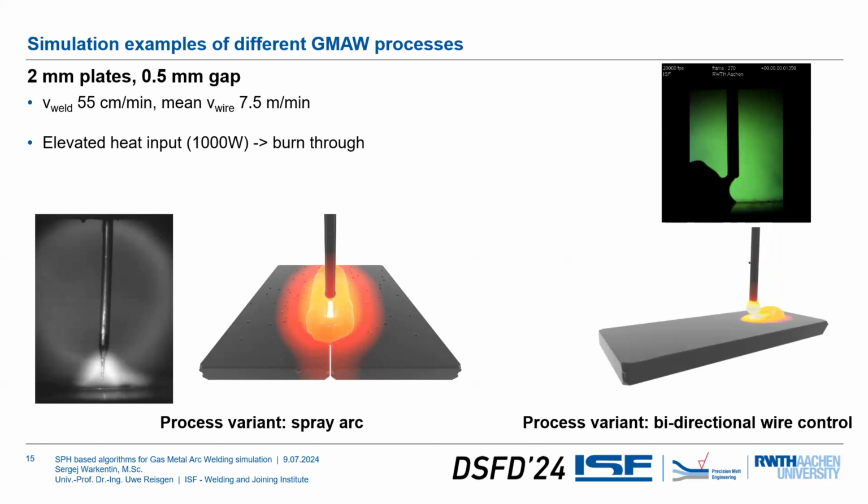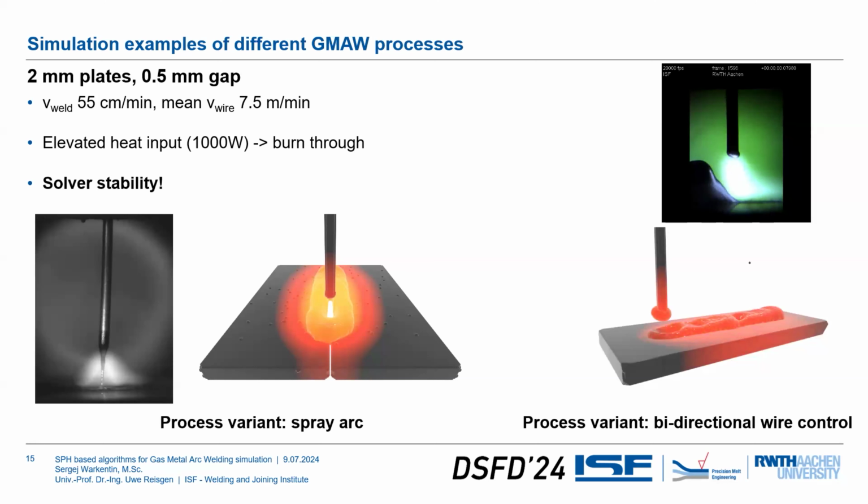Here, the specific is the wire movement, and by this wire movement, the droplet detachment is enhanced. So we do not have to bring so much electrical energy to detach the droplet, and this process is typical for lower heat inputs.